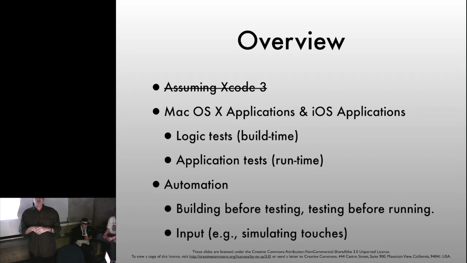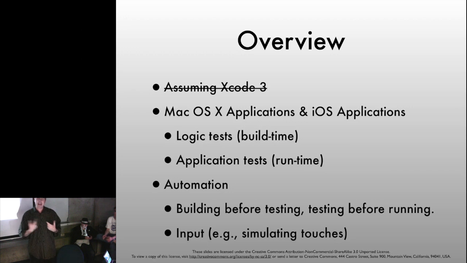You can test OS X and iOS applications almost identically to each other. There are two major categories of testing that Apple and Cocoa use: logic tests that happen at build time and application tests that happen at runtime.